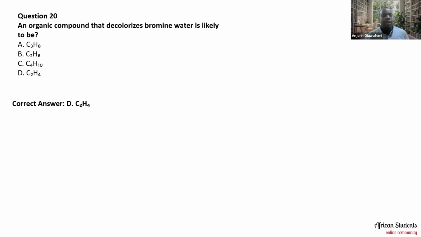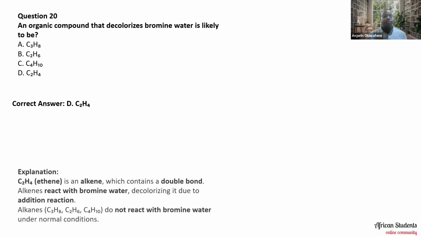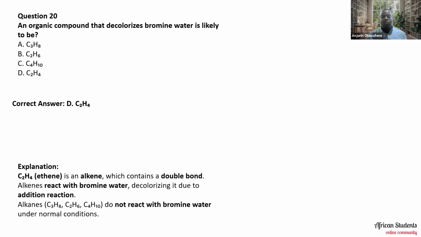Okay, C2H4 is an alkene, which contains a double bond. Alkenes react with bromine water, decolorizing it due to its addition reaction. Alkanes C3H8, C2H6 and C4H10 do not react with bromine water under normal conditions. Okay.